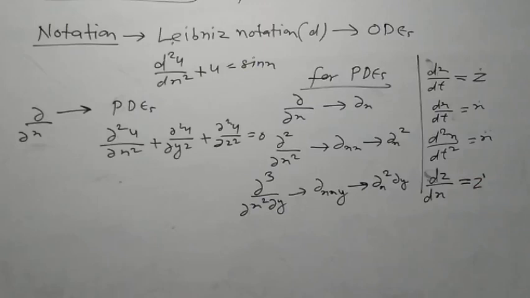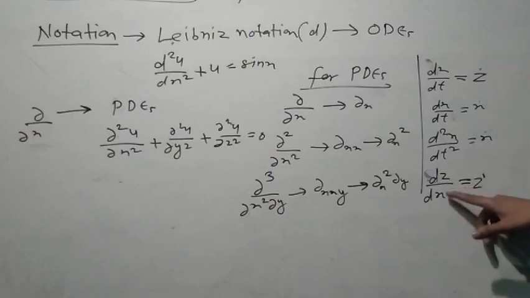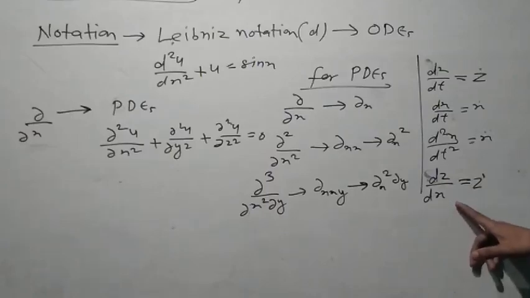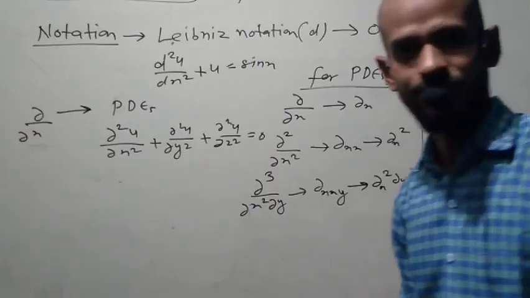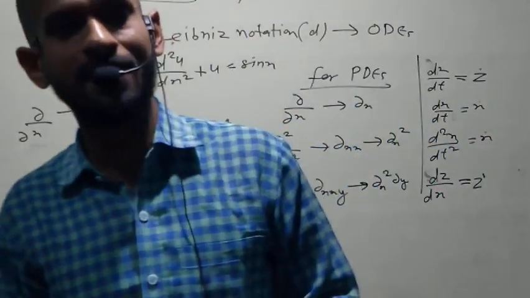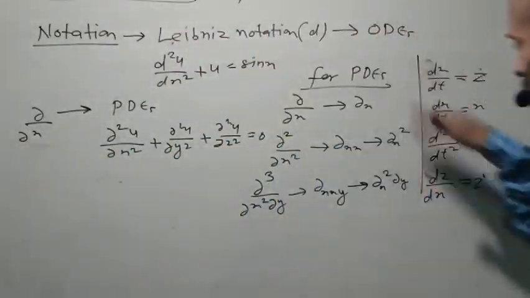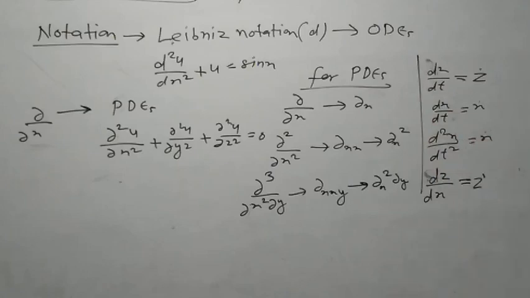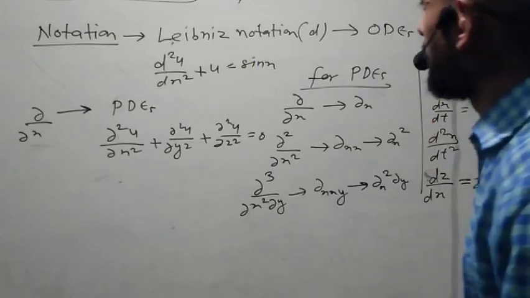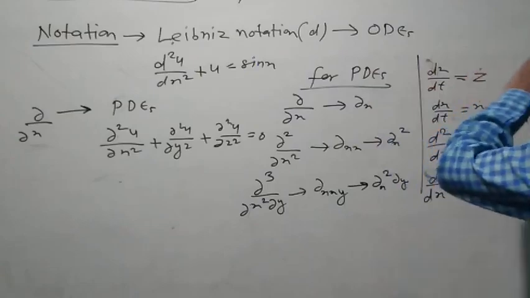Once again, when the differentiation is with respect to time, then we write dot, and if the differentiation is with respect to position, then we write prime. It is not necessary, it will change from book to book, but simply this is the method for writing the differential equation.